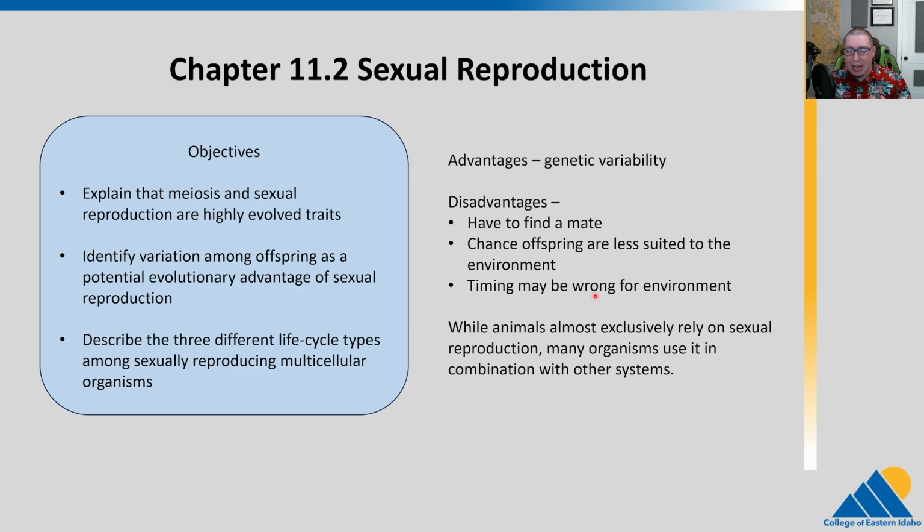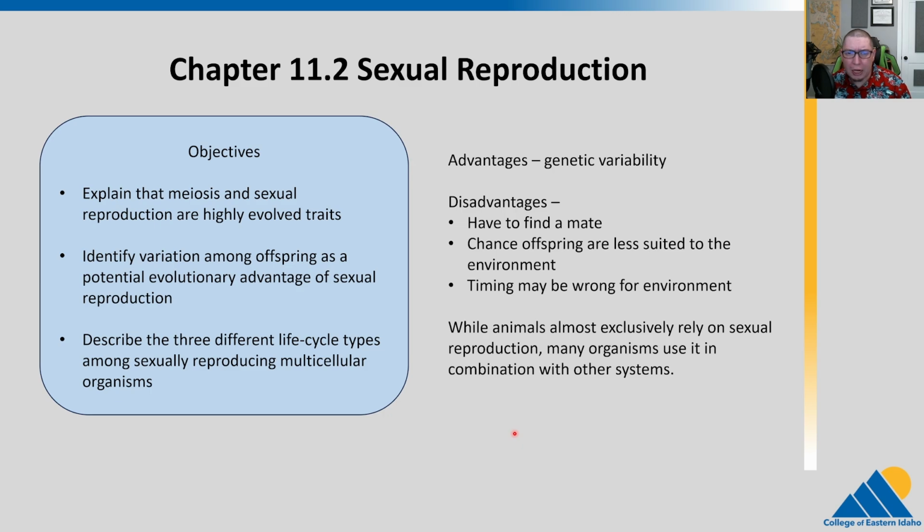We see key timing between the seasons and sexual reproduction, so we've got to make sure that that's synced up in order for our offspring to be produced at a proper time for them to survive and then go on to reproduce themselves.